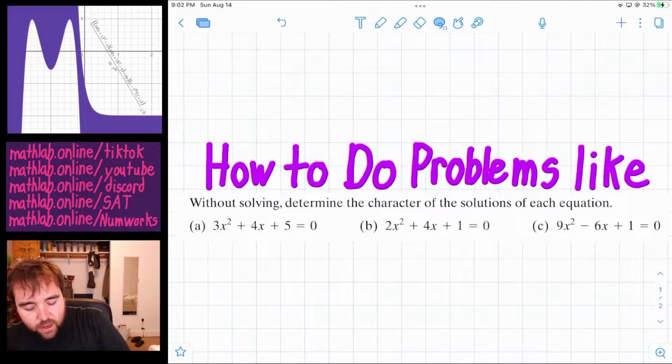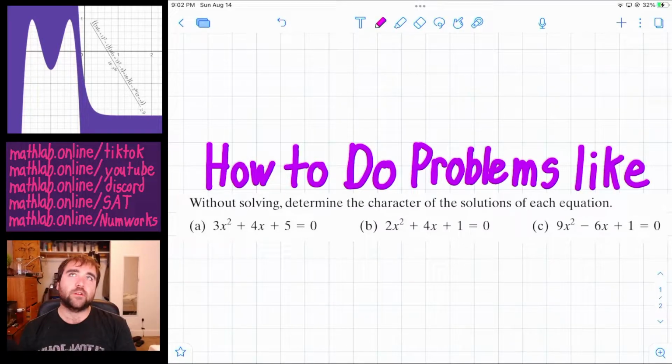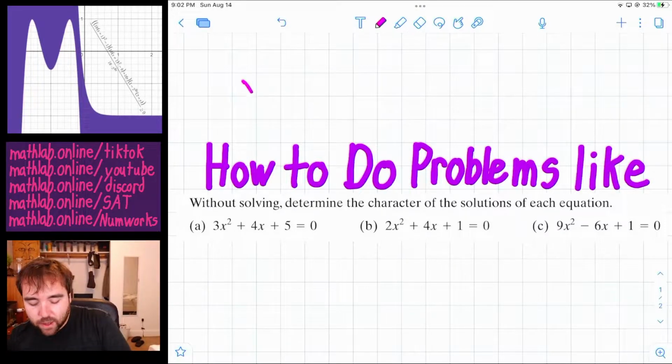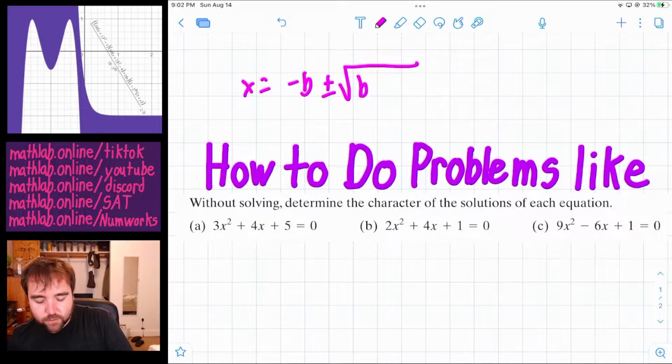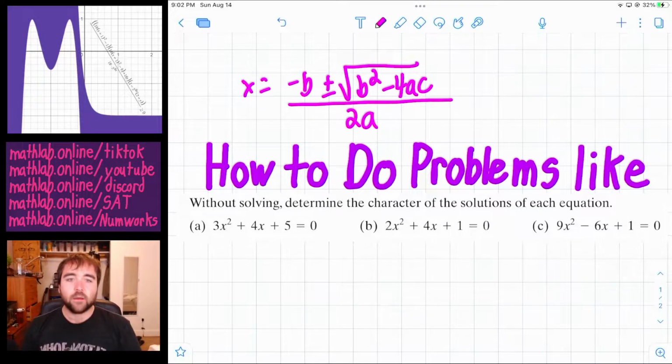So how you figure that out, well, first off, think about the quadratic formula, because it kind of comes from the quadratic formula. You got x equals negative b plus or minus the square root of b squared minus 4ac all over 2a. So what about that? Well, first off, what about that's going to make imaginary solutions?